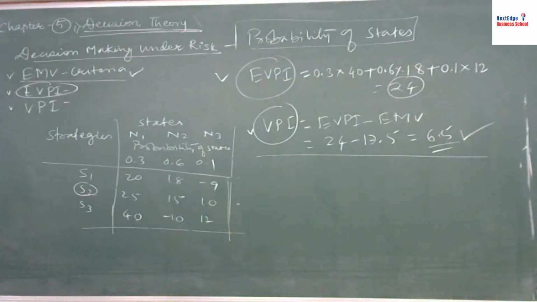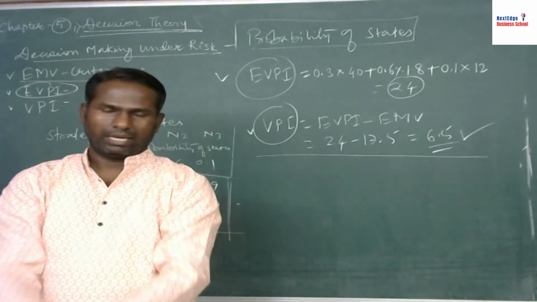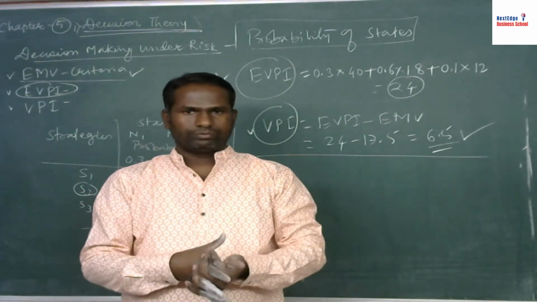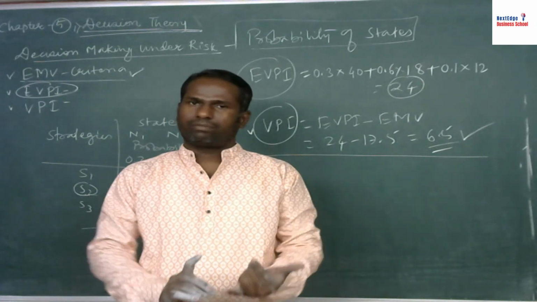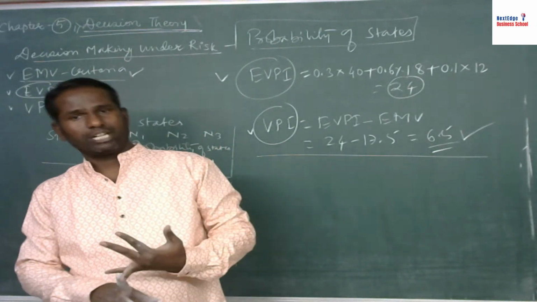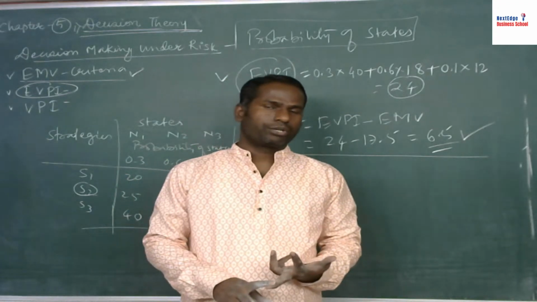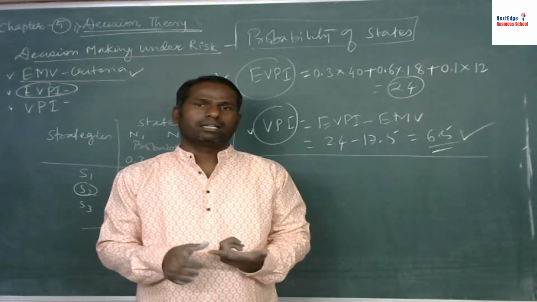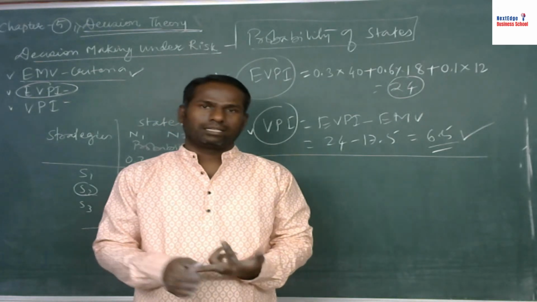So here we are concluding day 5 with decision theory. We have completed today PERT's problem, and we have also completed decision theory, under that, the decision under uncertainty and decision under risk.